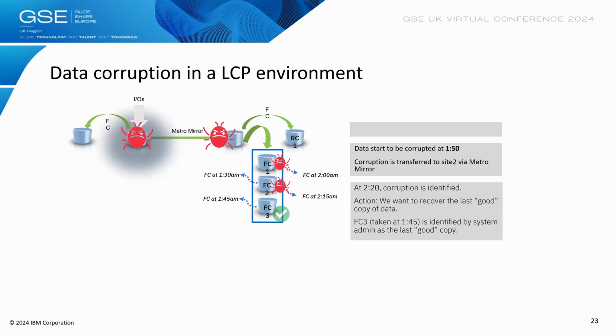So instead of you having to manually validate that, GDPS will do that for you in the background. So now that we have identified our last good copy, we can, with GDPS automation, restore this data into our production volume.